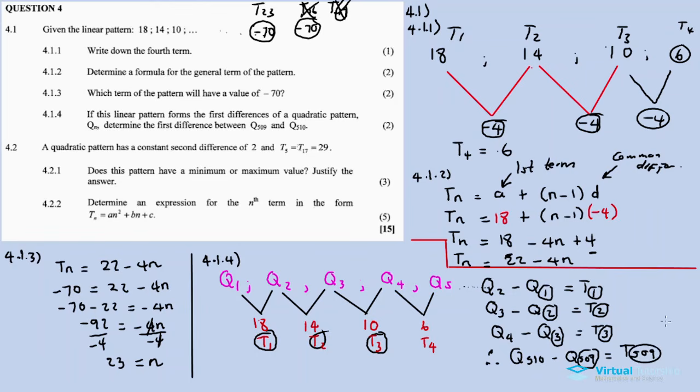So term 509 is the first difference between Q509 and Q510. So in other words, we must calculate term 509. So use this n term to calculate term 509. Therefore it will be the first difference between term 510 and 509 in the quadratic pattern.